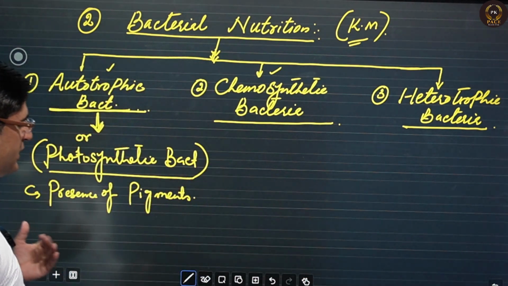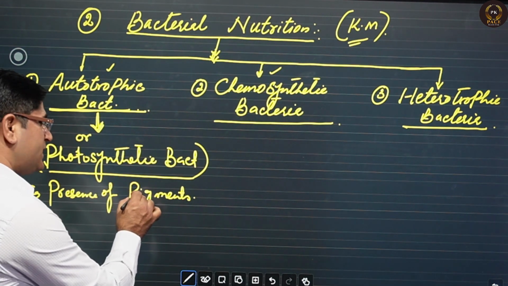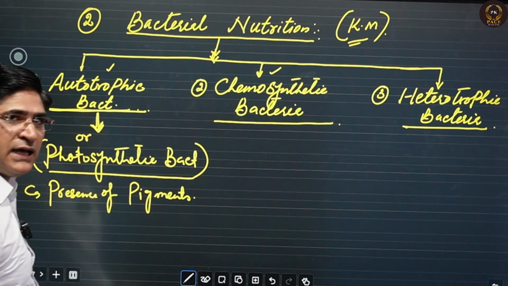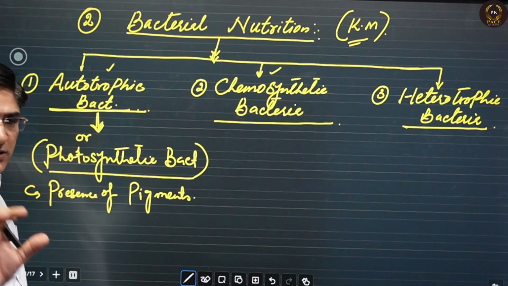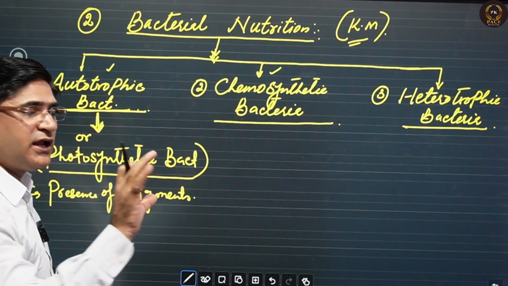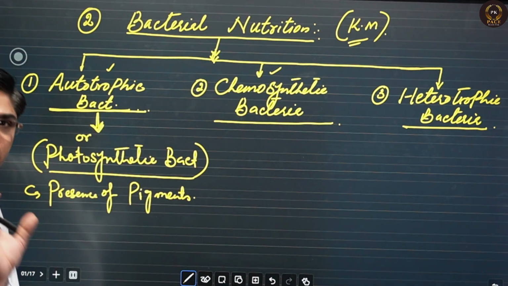With the help of those pigments, they are able to entrap sunlight and convert it into chemical energy. In that way they obtain their own food, so they become autotrophic bacteria.